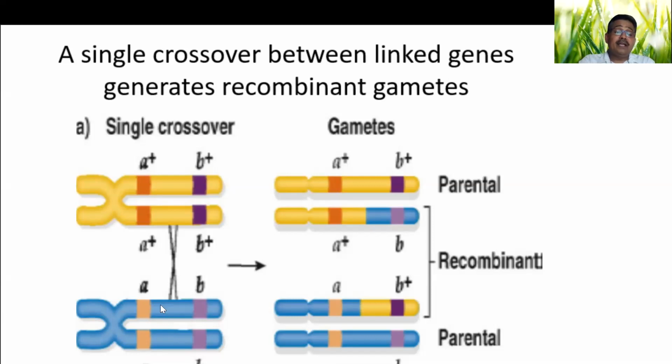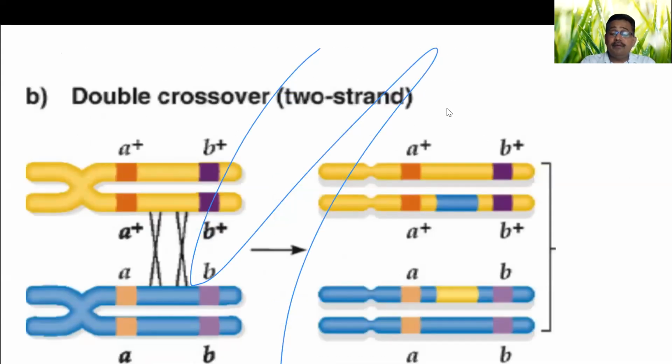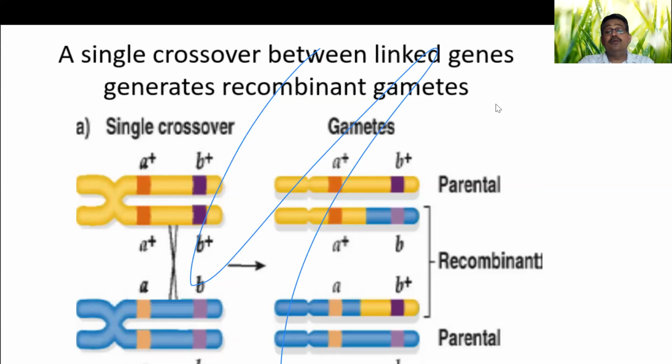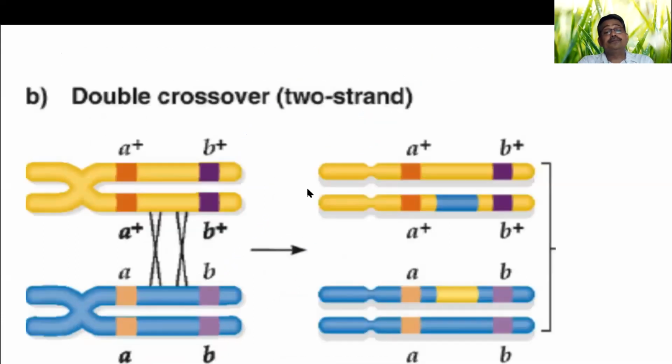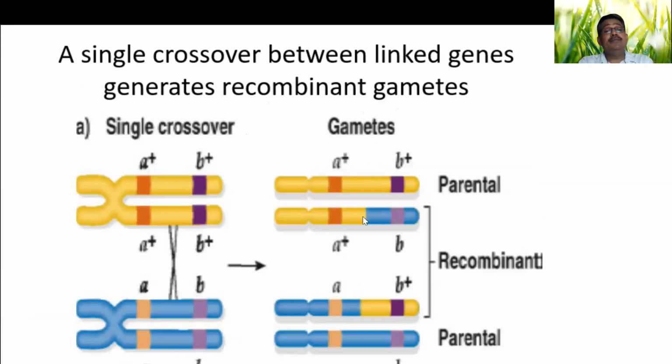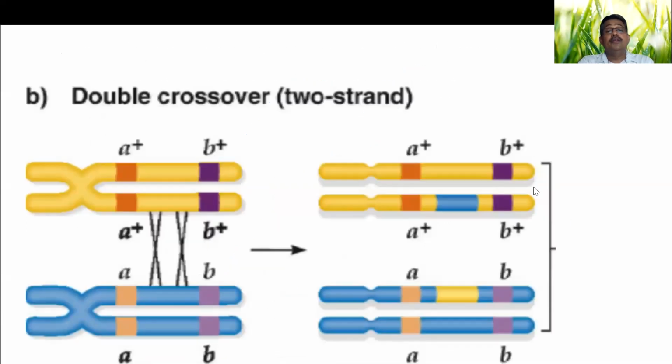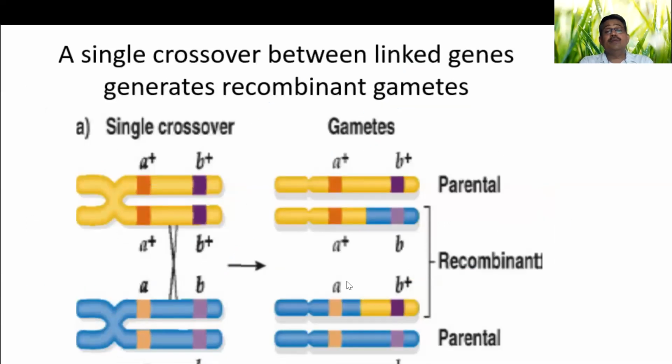You have to be very careful here. For example, if pairing of homologous chromosomes occurs, there is an exchange of chromosomal segments. You can see this one is a yellow color chromosome, and the bottom is a blue color chromosome.